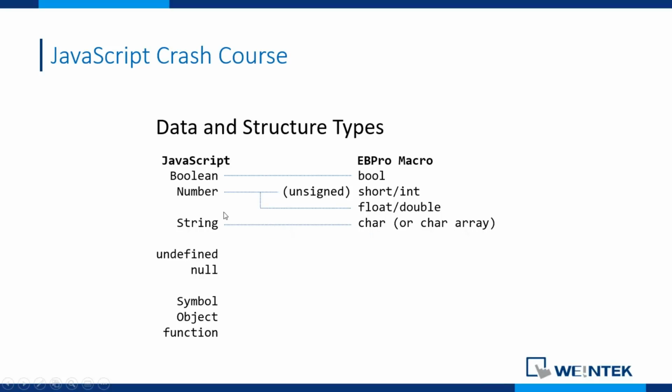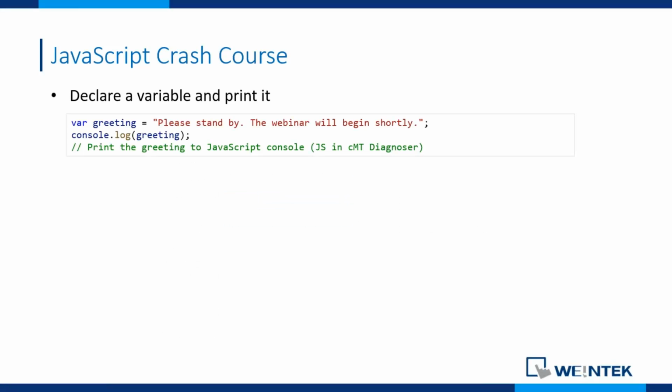At the same time, JavaScript has language-specific data types like symbol, object, function, or undefined, or when a variable has nothing in it, that is called null. Okay, so these are the data types for JavaScript.